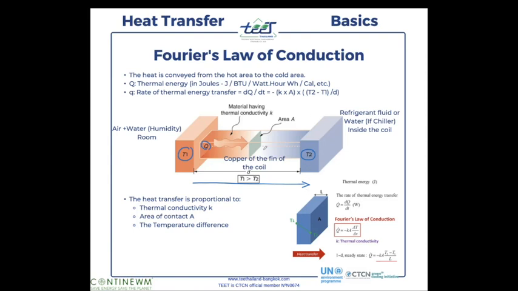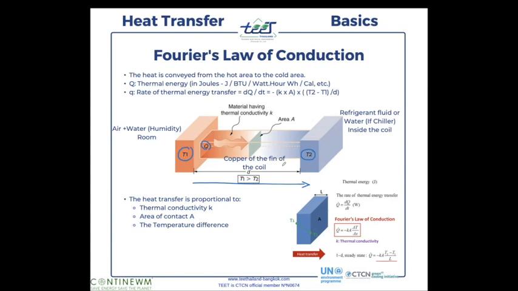And you have the heat transfer, and you can calculate it, depending on the temperature outside and inside, on the thermal conductivity K of the material, and on the area of your wall, how much heat is going from outside your house to inside your house through the wall. Depending on the thickness of the wall and the coefficient K of the wall, you have the heat coming inside your room.